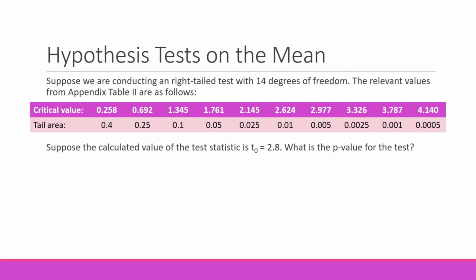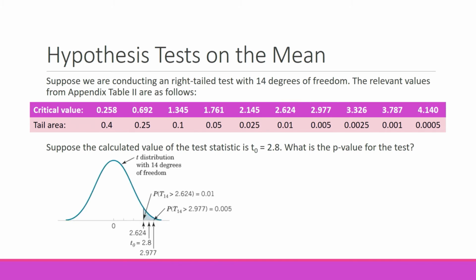If we look at that top row, we don't have 2.8 exactly, but it's going to be somewhere between 2.624 and 2.977. Now, we need to find the p-value, so we need to know the area to the right of 2.8. We know the area to the right of 2.624 is 1%.